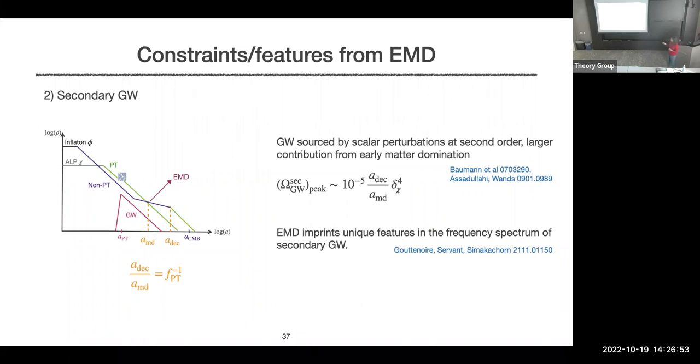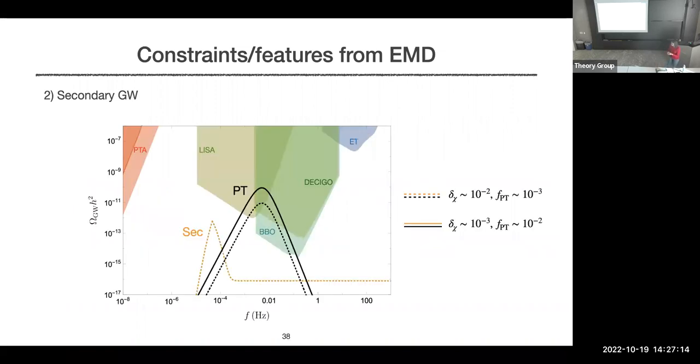But now we have a period where the PT sector is dominating, which has larger perturbation, so they can produce a larger amount of secondary gravitational waves, with some interesting features because of the interplay of two sectors. Let me show you one benchmark point to see how they look.